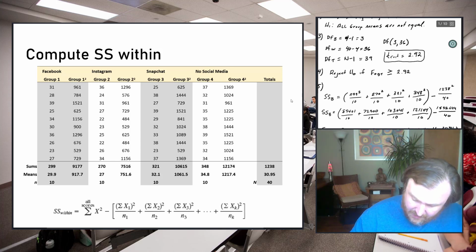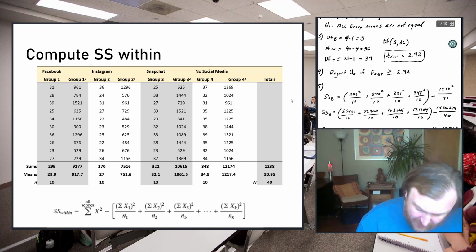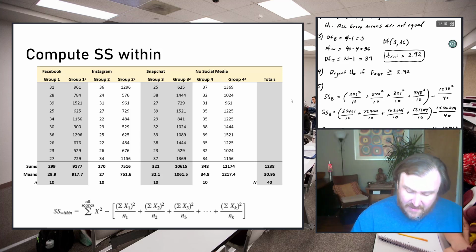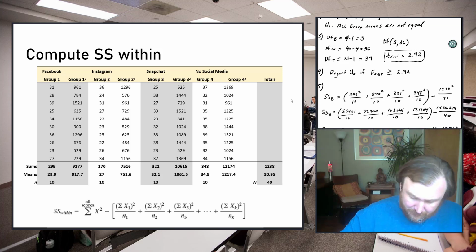And then we minus this from the precise values that we resolved for earlier, which is right here. That's just all of these sum of x squared values for each group. So 38644.6.